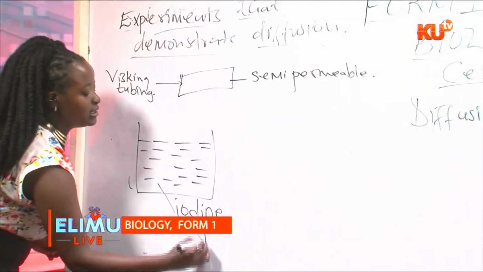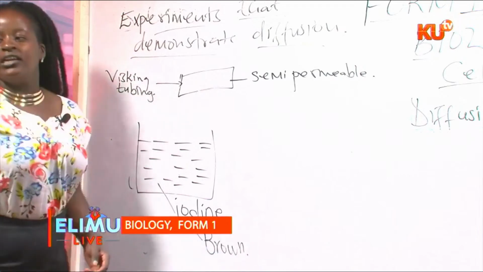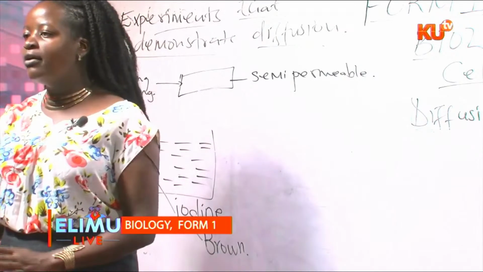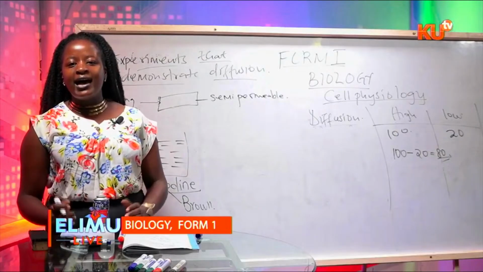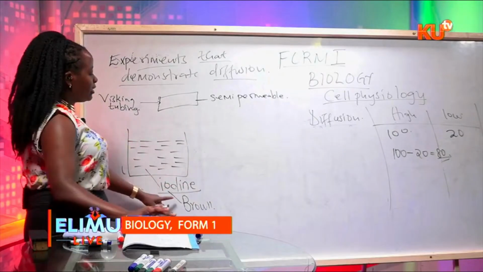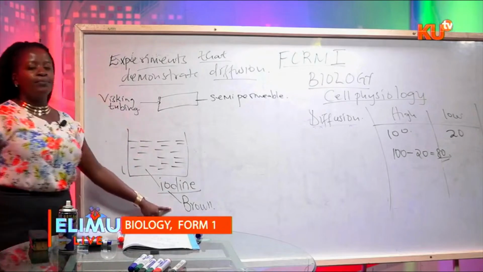Iodine is brown in color. Iodine is a solution or a reagent that is used in the lab. It is a dye, and that is why it is brown in color.